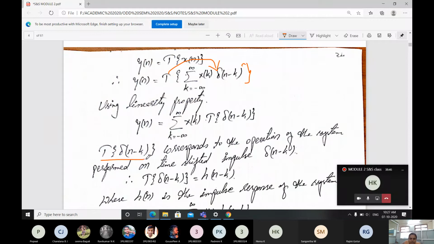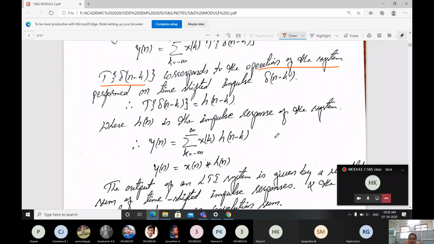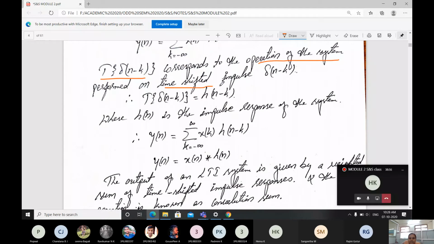What is this? T of delta of n minus k corresponds to the operation of the system performed on time shifted impulses. Which operation are we doing here? A time operation, on the time shifted impulse delta of n minus k.